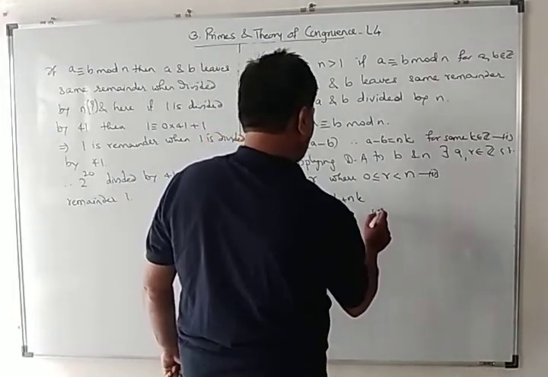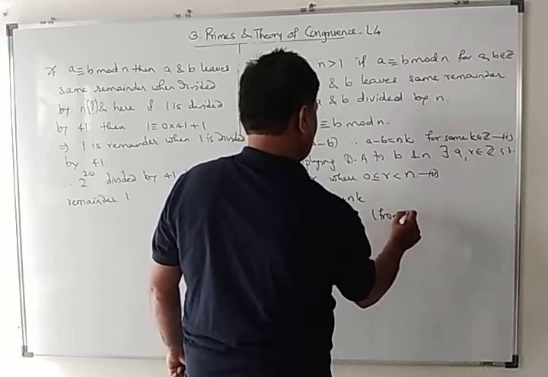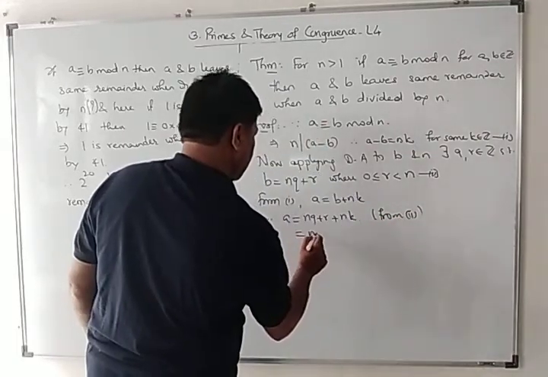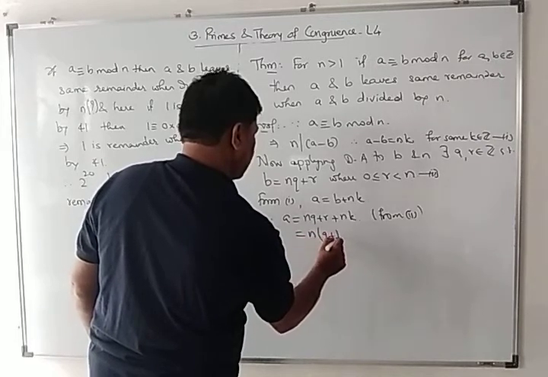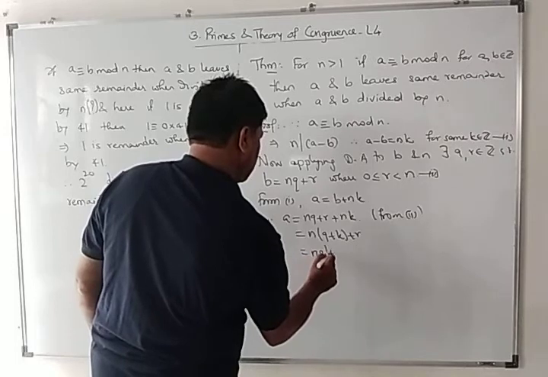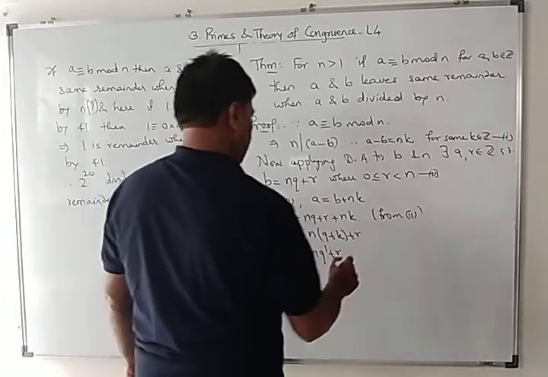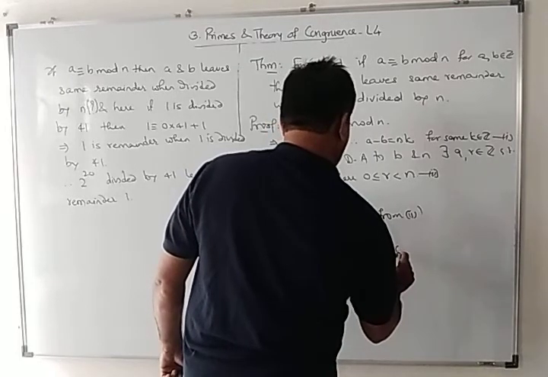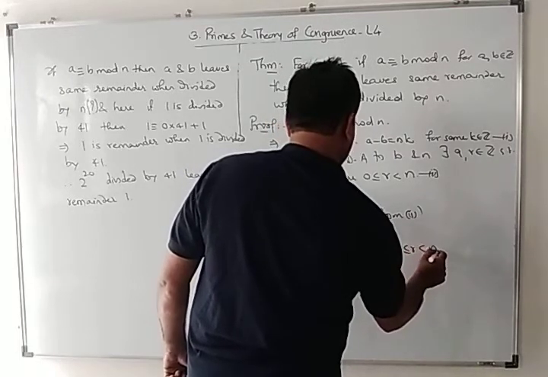From 2, which is equal to n times q plus k r, which is equal to nq dash plus r, where 0 less equal r less than n.